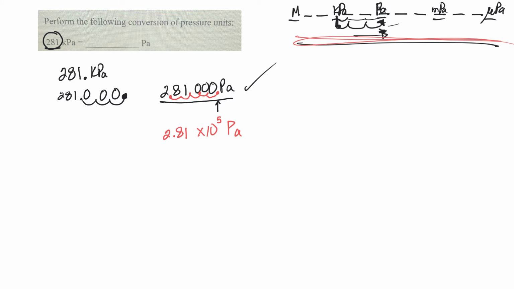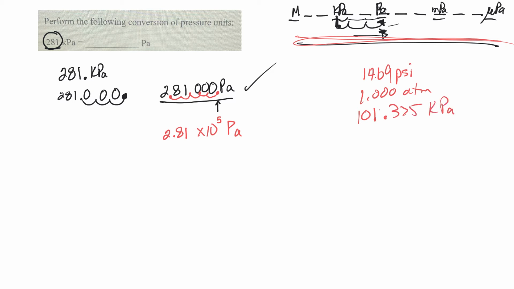The other way of doing it, I don't know if we have that on that table, but to go from, let's see, yeah, I don't think it's on the table. But the table I'm talking about is the one with 14.69 psi, and then 1.000 atmospheres, and then 101.325 kilopascals.